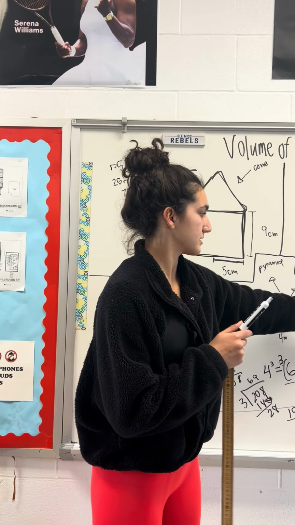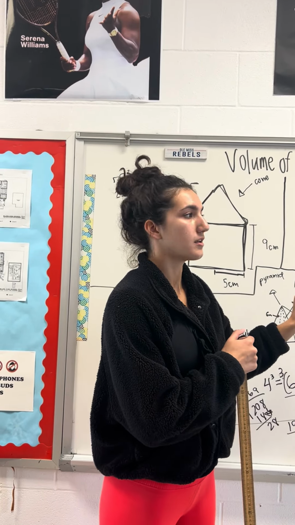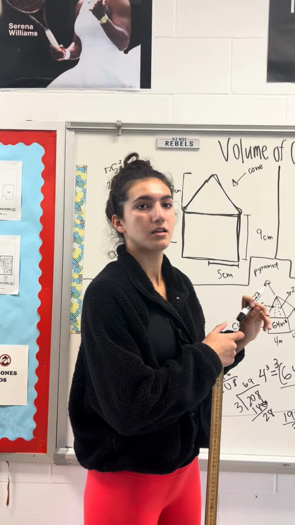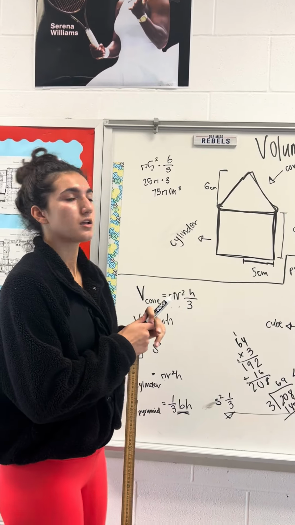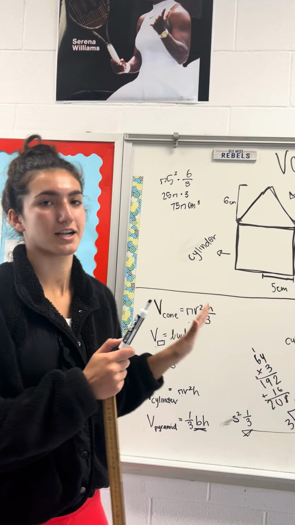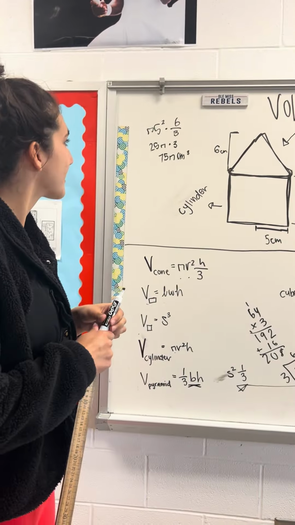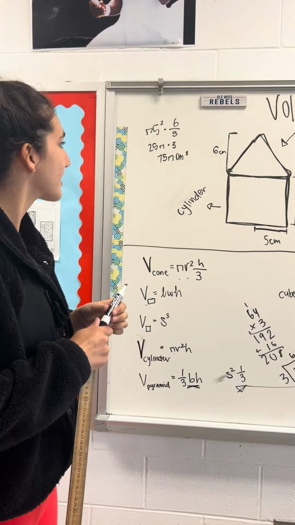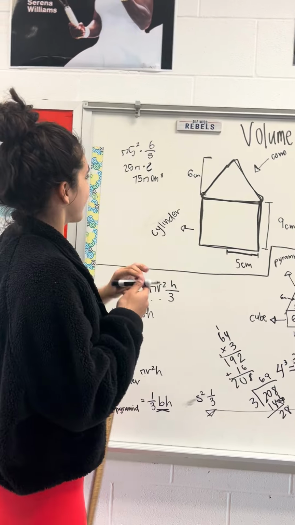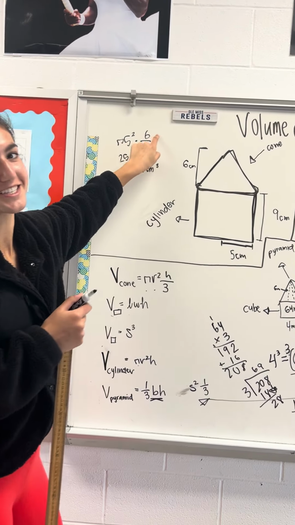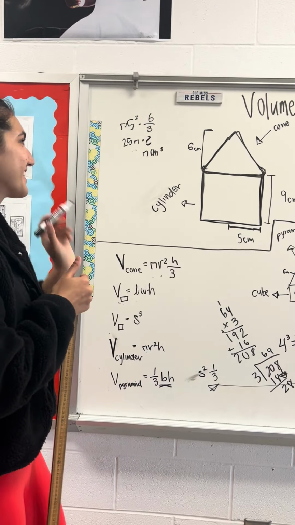And by the way, guys, I messed this up. Sorry guys, I'm hearing commotion. 6 divided by 3 is not 3, it is 2.